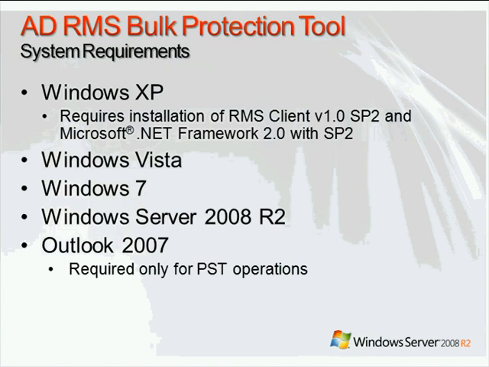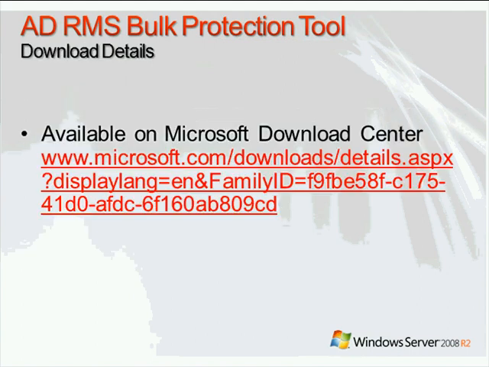I mean, if any folder contains PST files which have encrypted mails and you want to decrypt them, you need to have Outlook installed on that machine. You can download this tool from this website. I will share the resources at the end, or you can see my blog post for a complete briefing about this webcast that we have today.